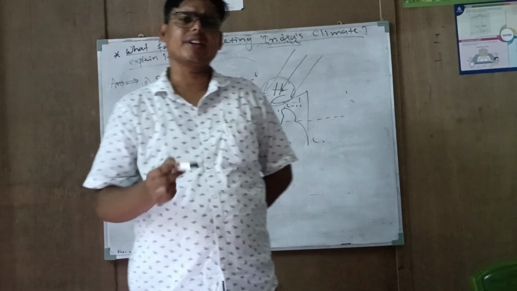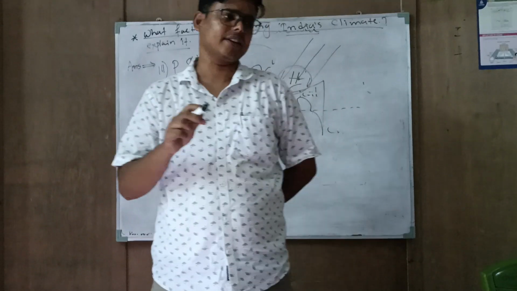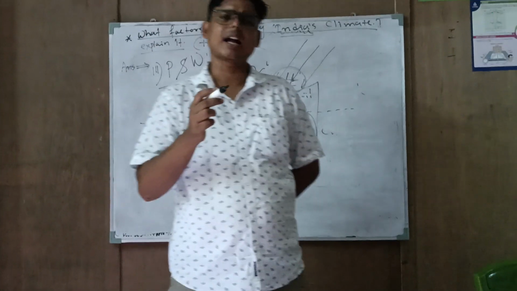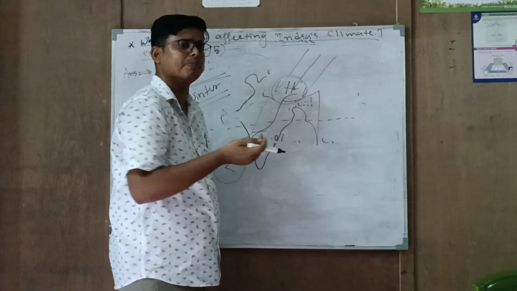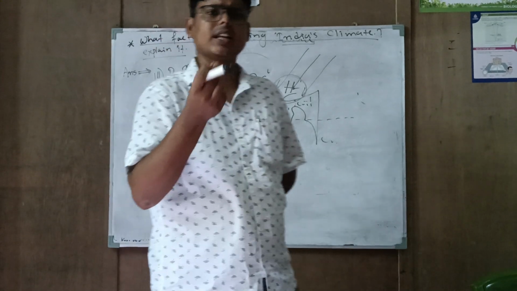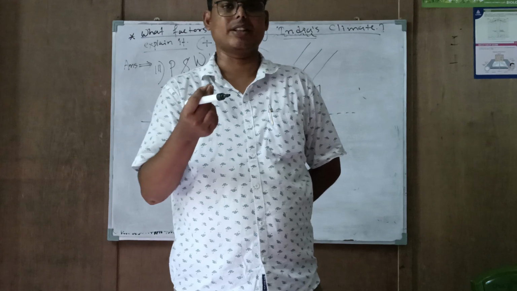These winds are very dry, therefore Indian winters are dry. And this wind comes from the Himalayan mountains, therefore it brings cold. So that's why Indian winter is cold and dry.